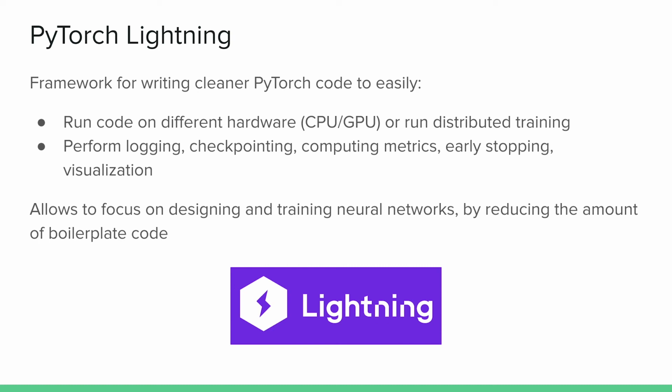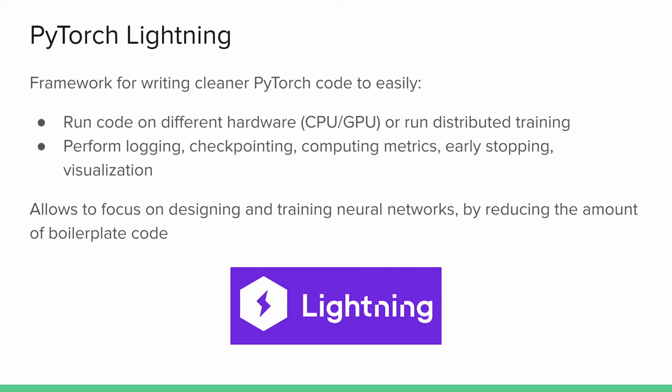PyTorch has a rich ecosystem of different tools on top of it. I just want to point out one of them, PyTorch Lightning, which I personally use and enjoy quite a bit.